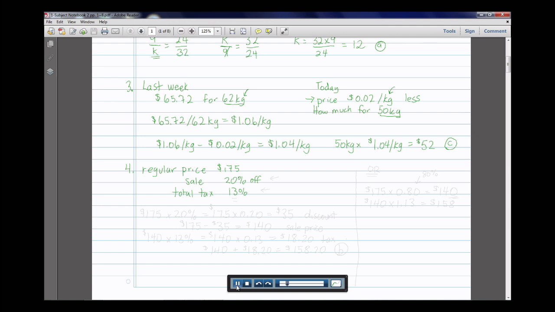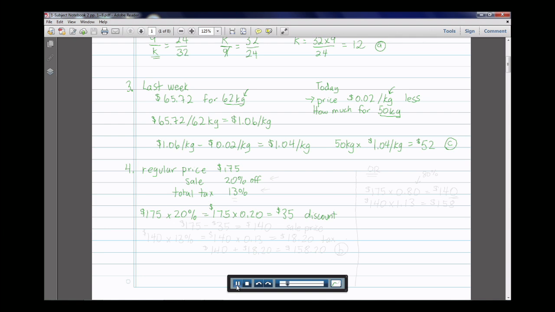I'll do the first one probably the way that you were taught. You would take $175 and calculate what 20% of that is. So $175 times 0.20 tells you that you have $35 off, so that's your discount.